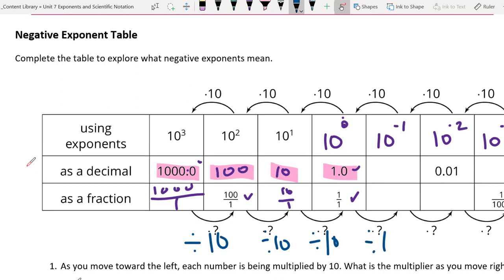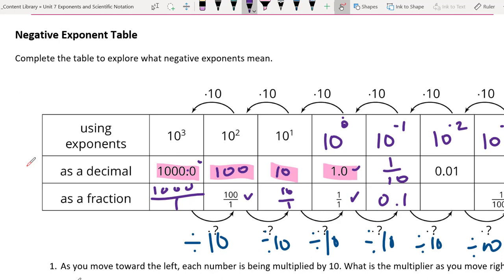So let's keep the pattern going. Divide by 10. So 1 divided by 10 would be 1/10. And if I write that as a decimal, 0.1. I got my fraction and my decimal in the wrong place. Sorry.